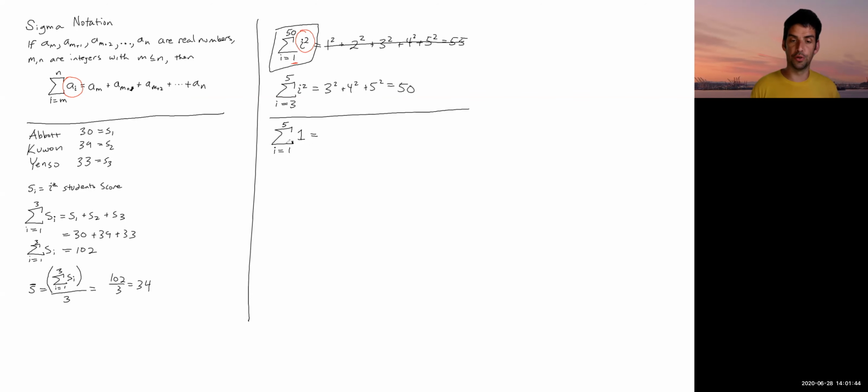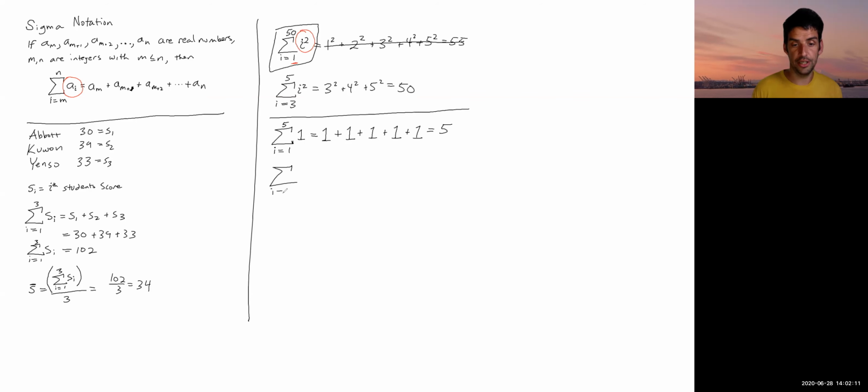This is the general form, and we just change the i for each value of i. Well, 1 doesn't have i in it, which means when i equals 1, 1 still equals 1. When i equals 2, it's still a 1. When i equals 3, it's still a 1. When i equals 4, it's still a 1. When i equals 5, it's still a 1. So this is just saying add up the number 1 five times, which gives me 5.